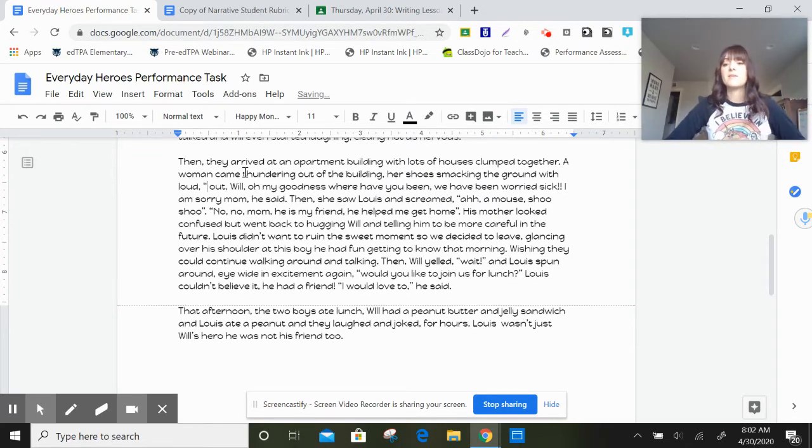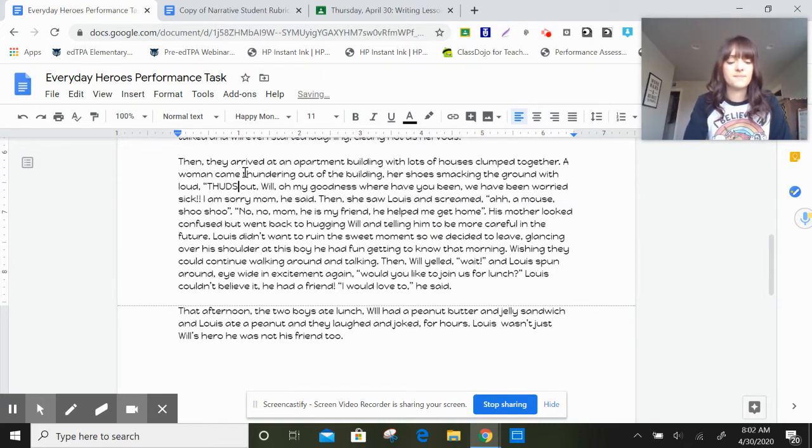Now I'm going to use some onomatopoeia. So I'm going to make some smacking sounds because I'm saying that she's running so fast that her shoes are smacking the ground really quickly. So I'm going to say loud thuds.